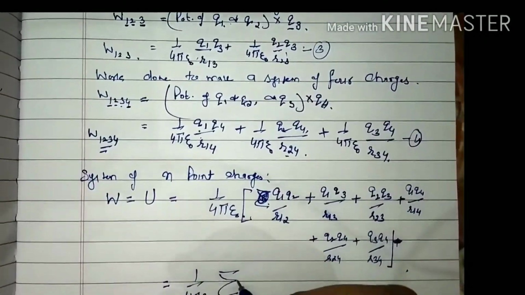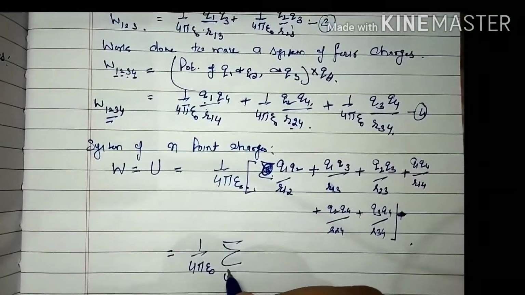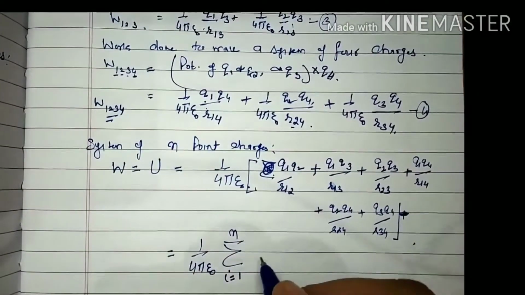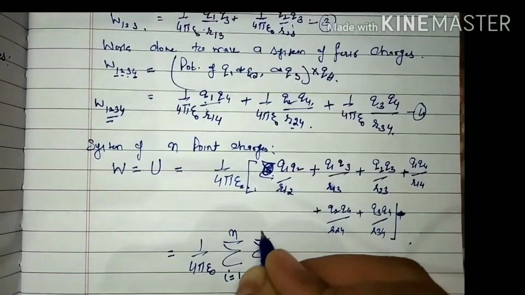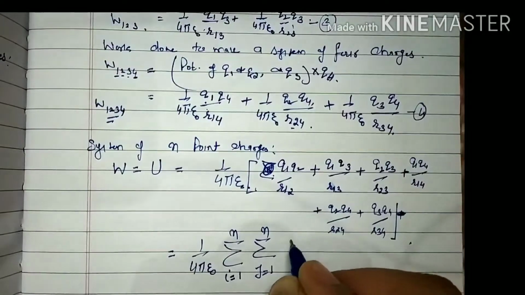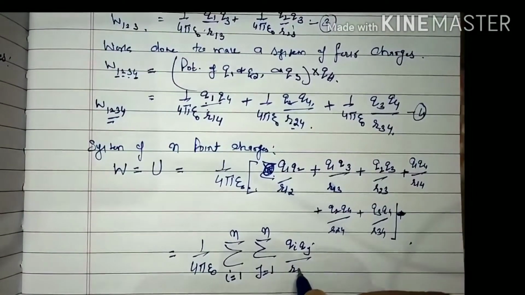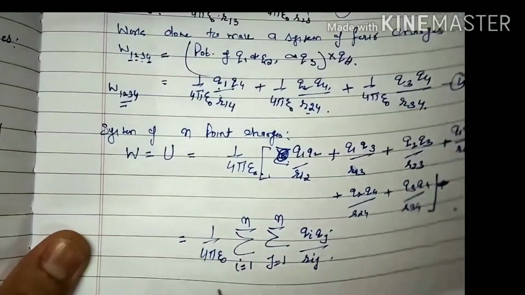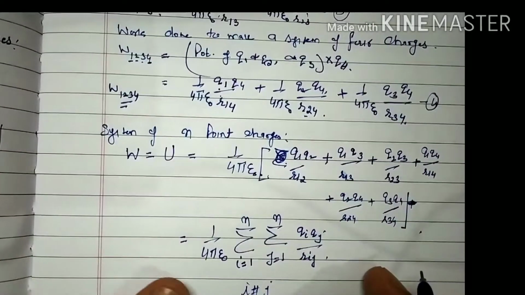summation, i varies from 1 to n, then j varies from 1 to n, and here we write qi qj upon rij, and here it is important, that is i not equal to j.